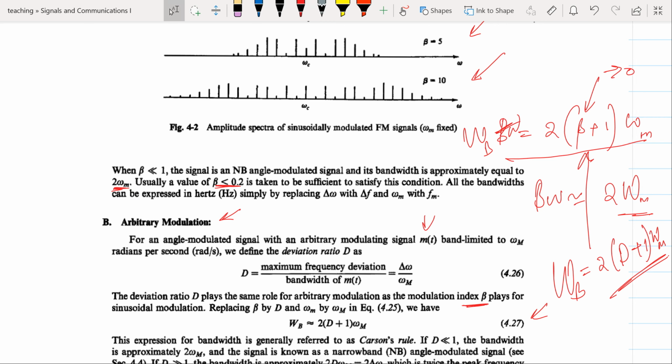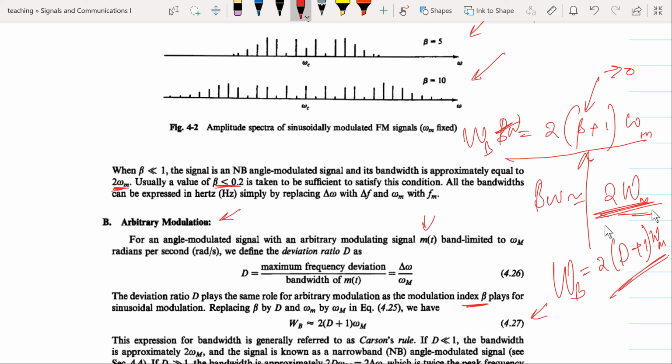This definition in equation 4.27 is what defines Carson's rule. If D, the deviation ratio, is far much less than 1, then the bandwidth is approximately equal to 2 omega M, and the signal is said to be a narrowband angle modulated signal.